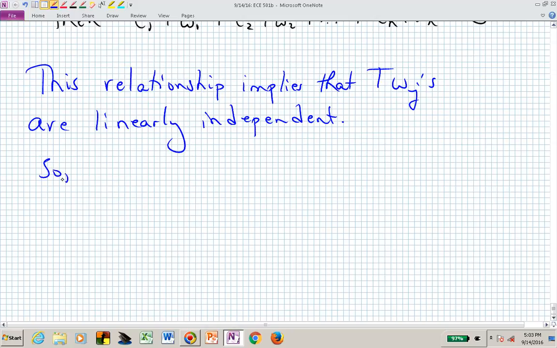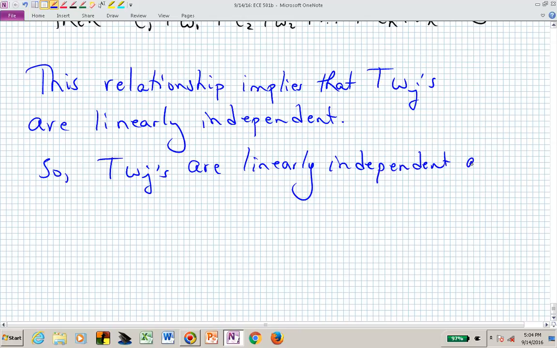And now we know that the TWj's are linearly independent and they span our range space.